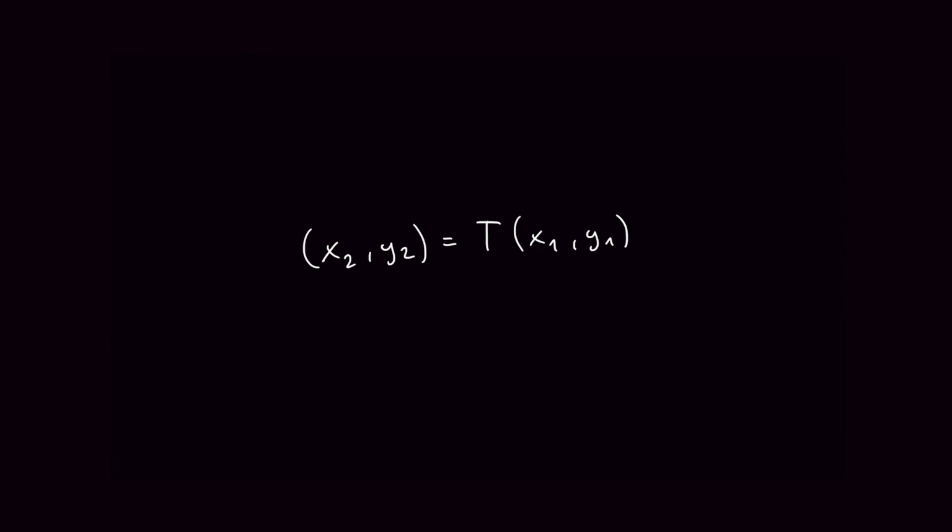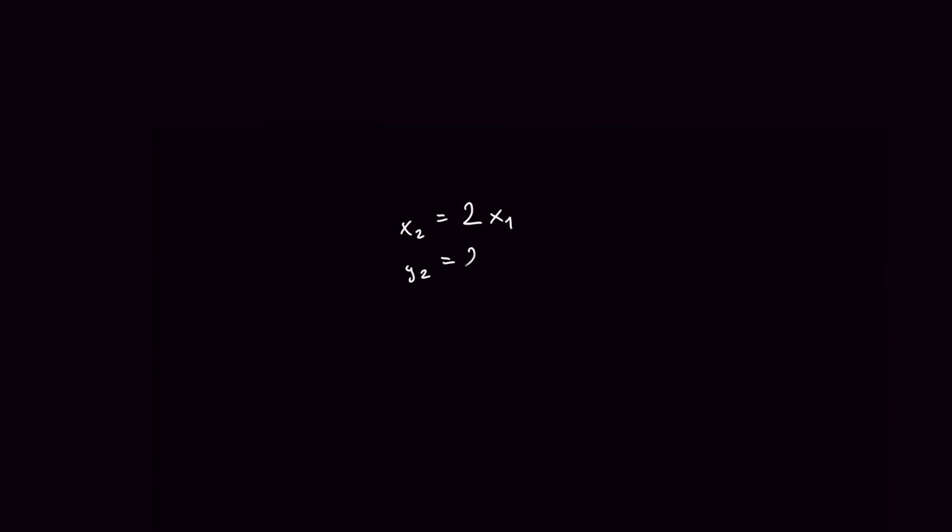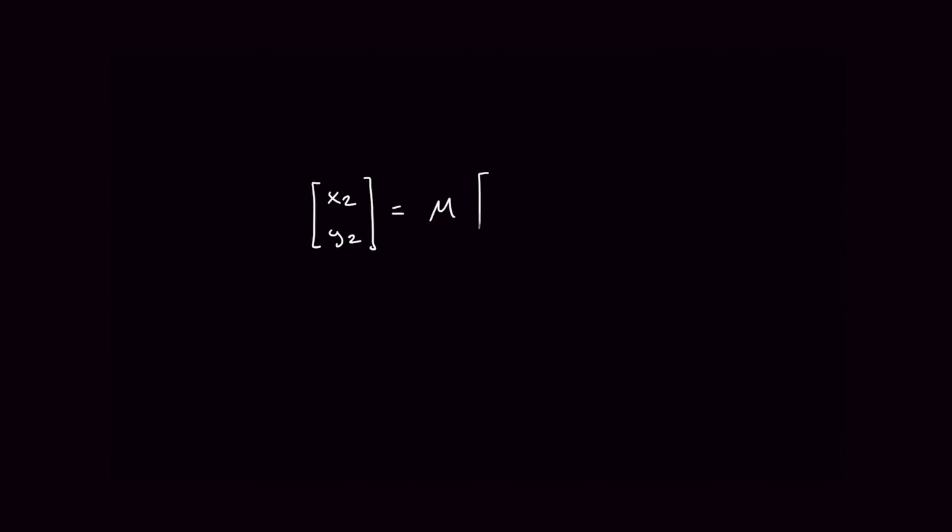Let's say we want to scale our object by 2, that is double its size. To do that, we need to multiply the coordinate of each point by 2. So if the original point was x1, y1, and the resulting point is x2, y2, the formula for calculating the resulting point coordinates is... Using vectors and matrices, we can write this in a single equation.